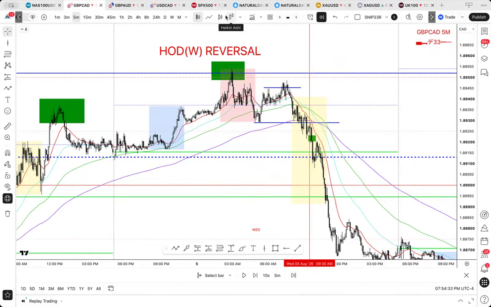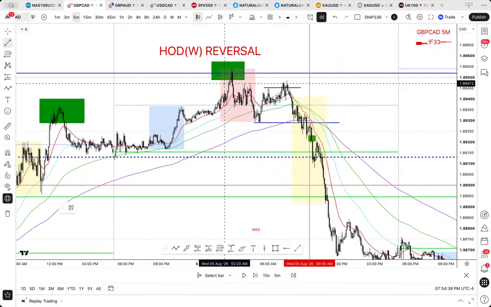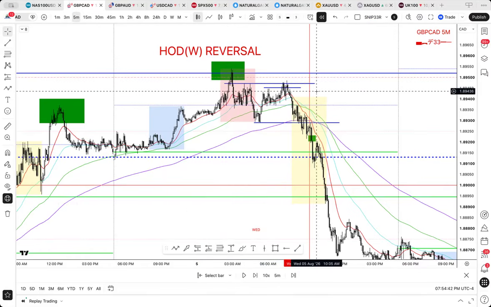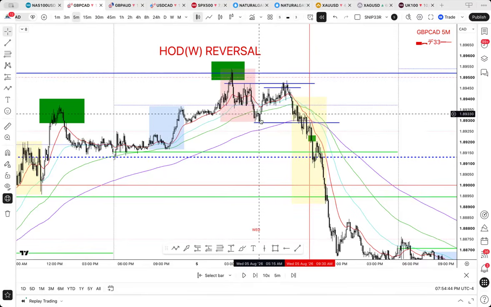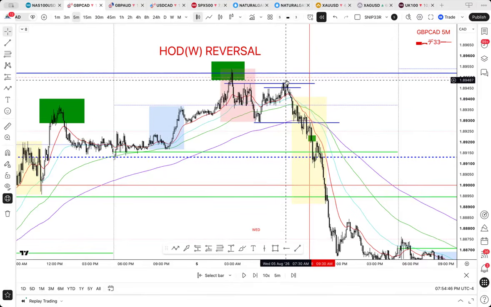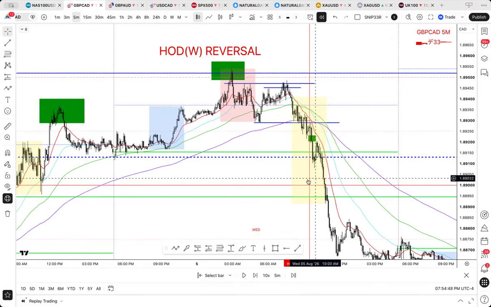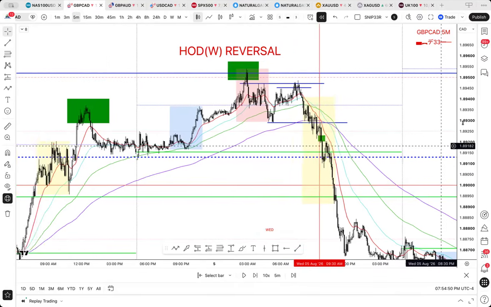I'm looking for them to lock in the high, confirm that the high is locked in. Basically, all I'm saying here is that they are now making lower lows and lower highs, and I can short the market in a short direction, a pump and dump template.